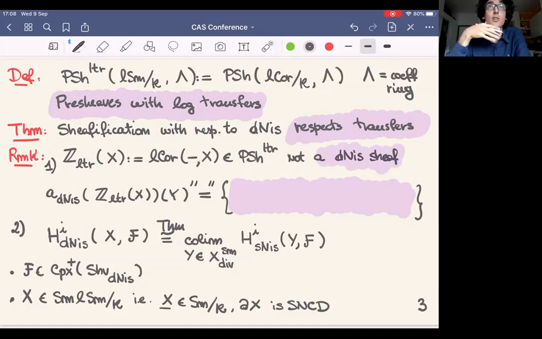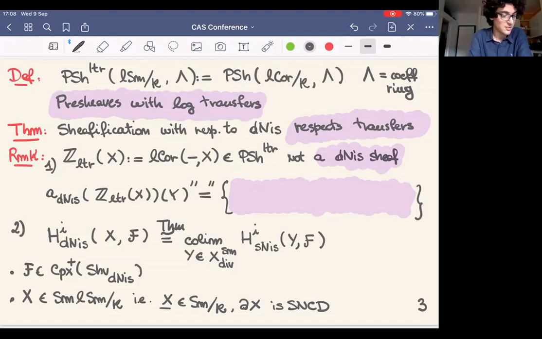Well, this is not quite the same as the cdh topology, but it's already not the case that the cdh topology is subcanonical. So if you have blow-ups here and there, then it's not surprising that the representable pre-sheaf is not a sheaf.